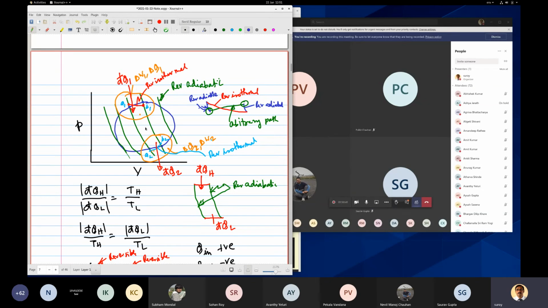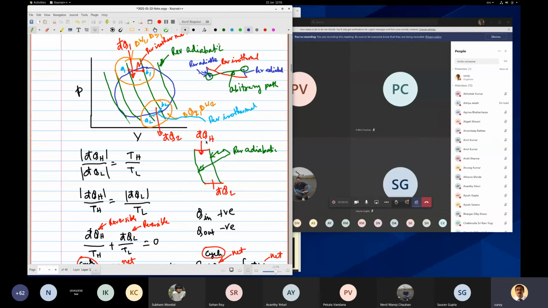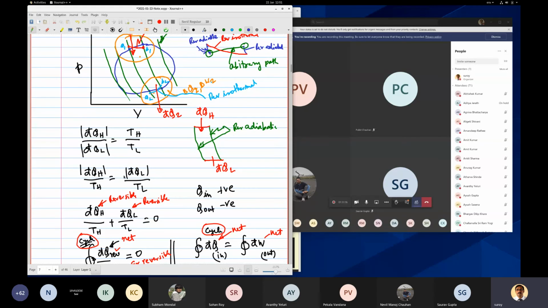It can be divided into several Carnot cycles, as I have shown you. So dQH by dQL is TH by TL, so dQH by TH is equal to dQL by TL. We are not putting the sign yet.